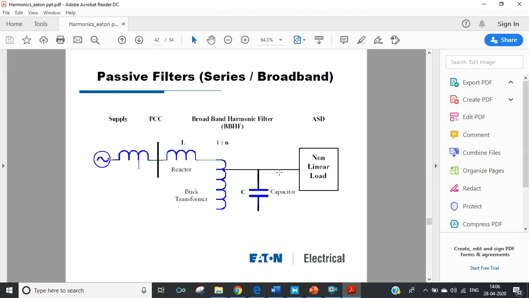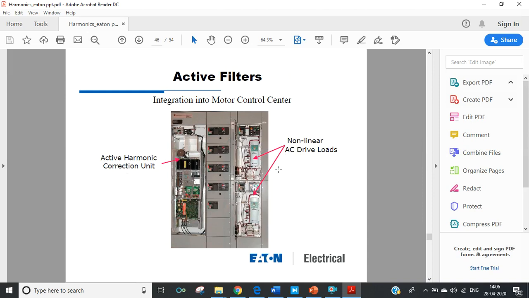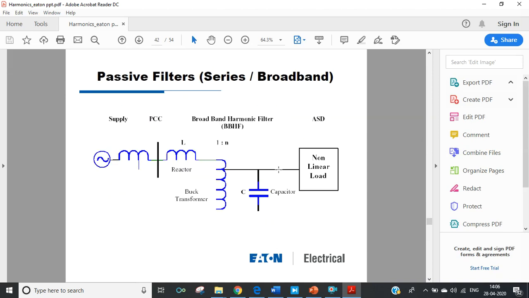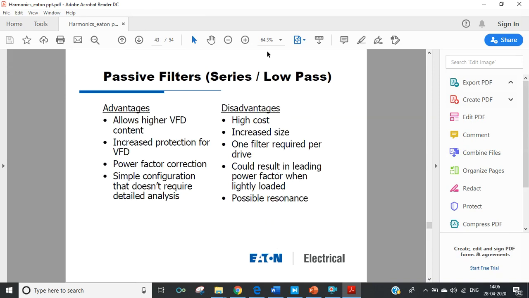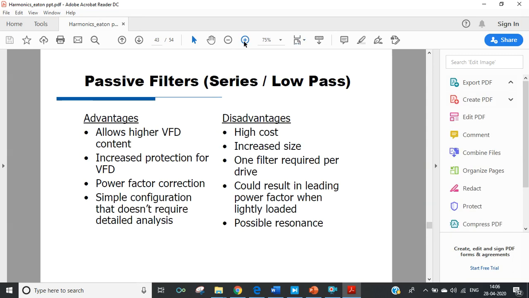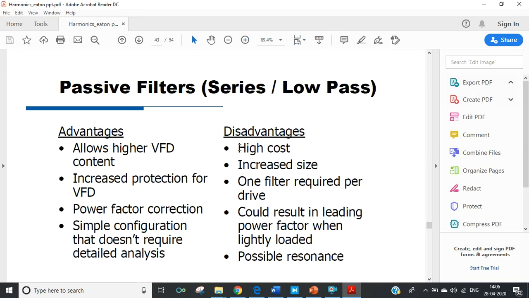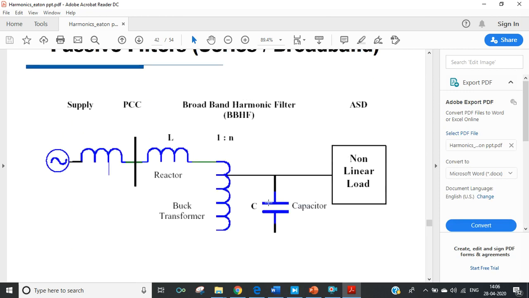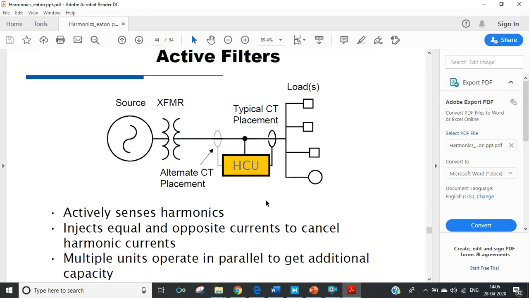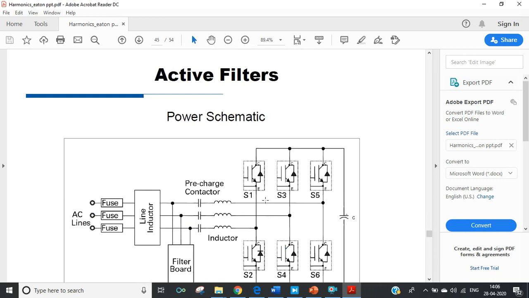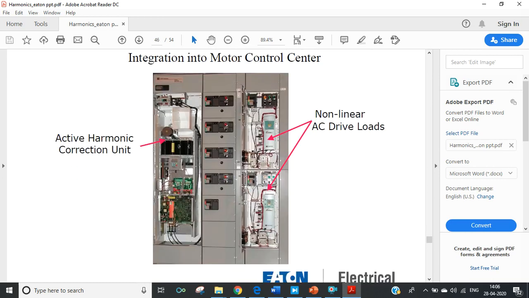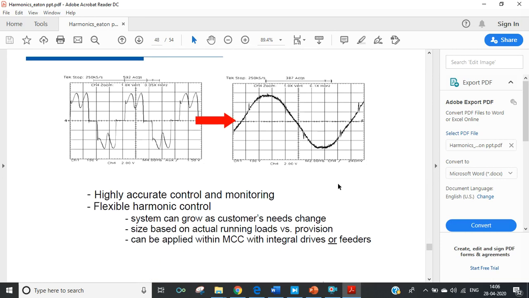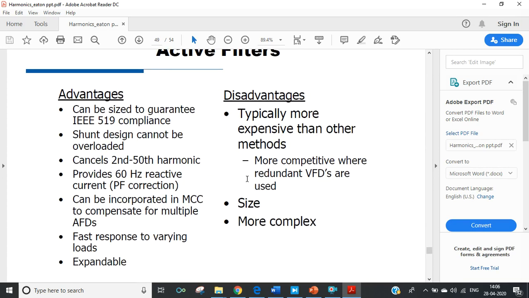The disadvantages I would like to point out are high cost, increased size, and usually one filter is required for the elimination of only a particular harmonic. The other thing is that it could have parallel resonance also. So these are the disadvantages of the system.